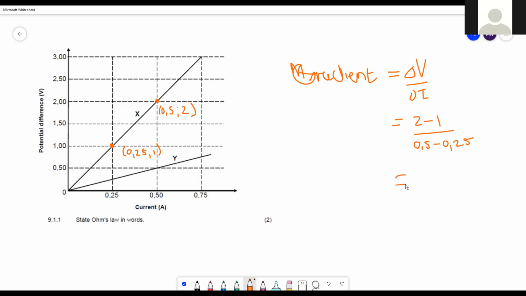And that is equal to, if you put it into your calculator, 1 over 0,25, sorry, which is equal to 4 ohms. Okay, so does it make sense to everyone how we work out the gradient on these graphs? Just find points, lines to indicate what they should be. It would be risky choosing a point here or there just because you're making a guess.